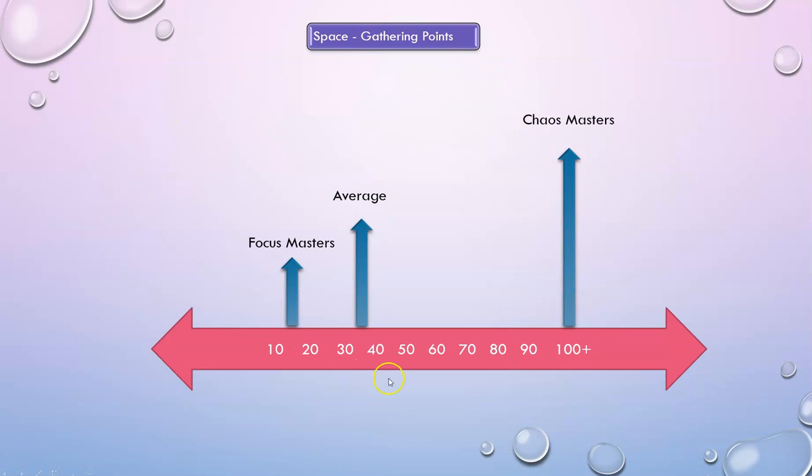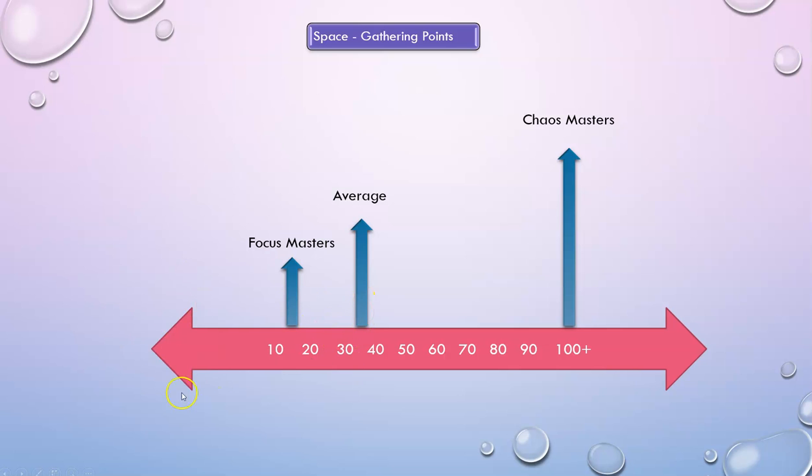Now, if you're wondering about your scoring, there are different scores, maybe 10 to 100 plus, as the number of gathering action items. If we put it as a count on a scale of 1 to 100 plus, there are 3 different categories of people you can find. If your score falls between 10 to 20, then you are a focus master.